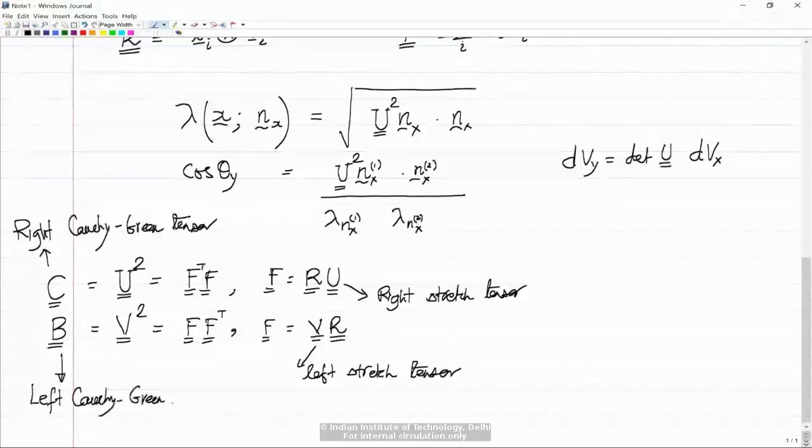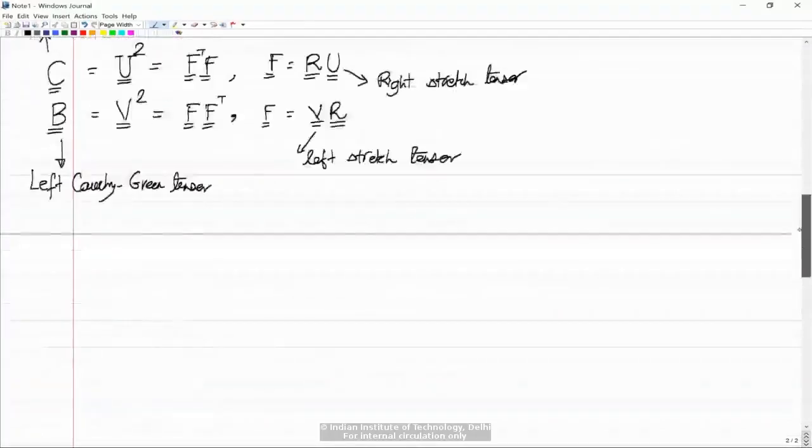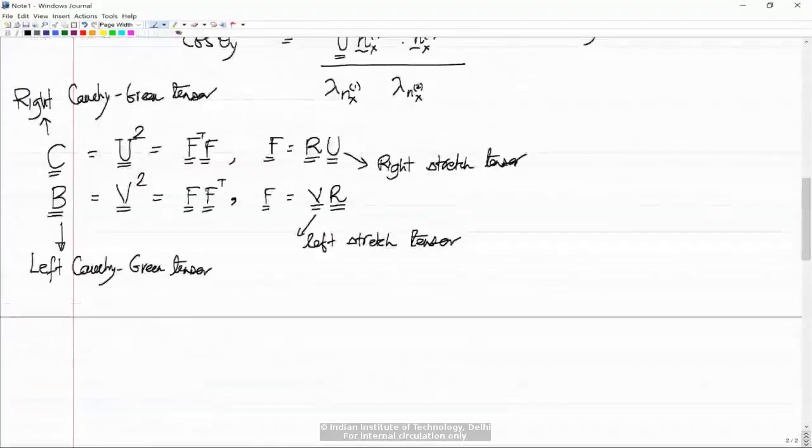So I think you can see why they are called right and left. And why is u called a stretch tensor? That is quite clear, no?